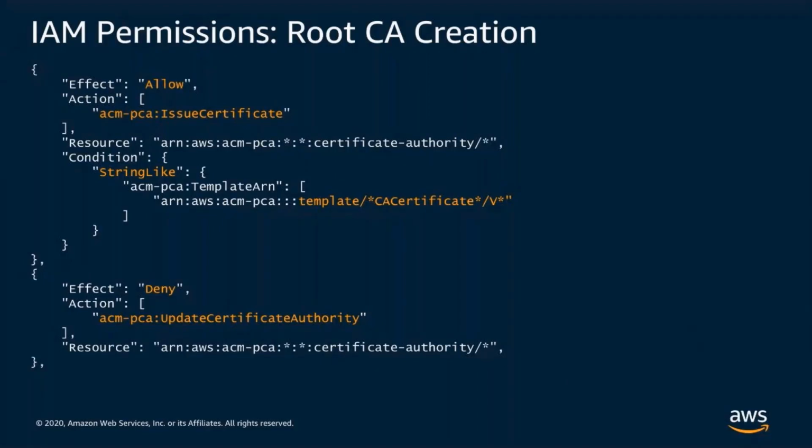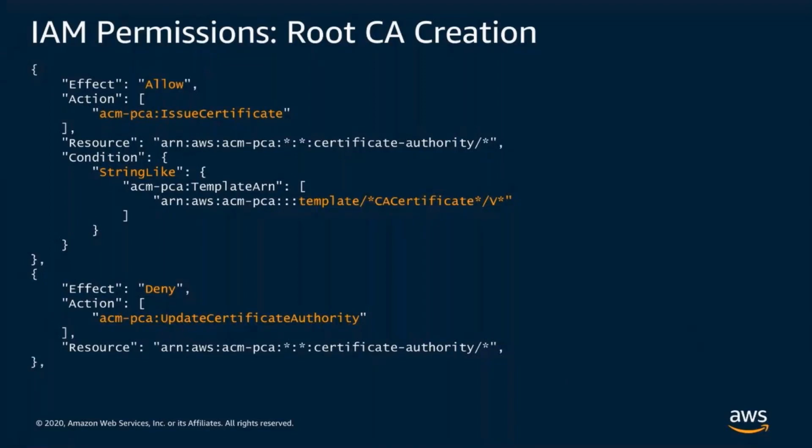In this case, what we've done is we've broken up the roles. This specific IAM policy is for Alice, and it is going to allow Alice to issue certificates, and specifically CA certificates, off of the private CA root.